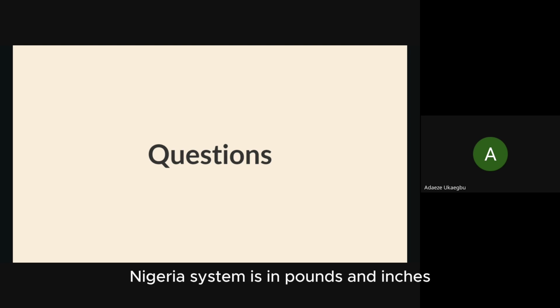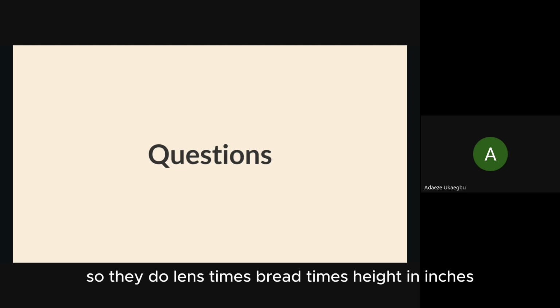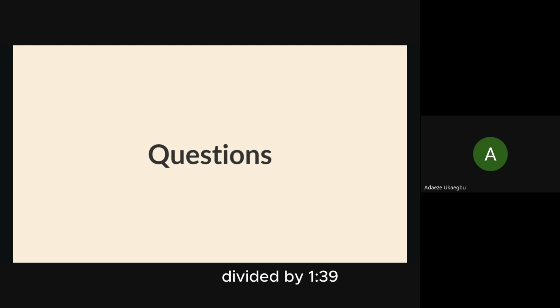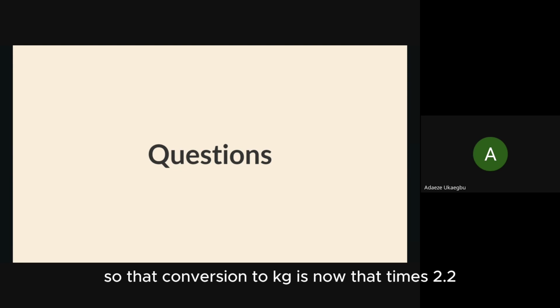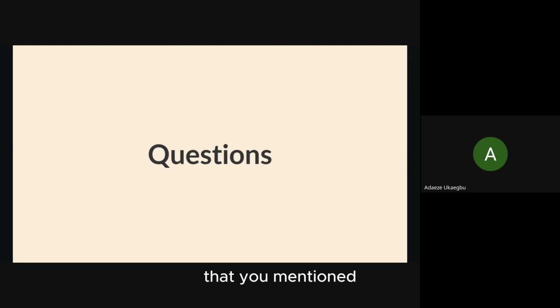But because Ship to Niger's system is in pounds and inches, they take their measurements in inches. So they do length times breadth times height in inches divided by 139. What they get is the weight in pounds, that's lbs. They then convert it to kg, which is what we are familiar with. That conversion to kg is the times 2.2 that you mentioned.